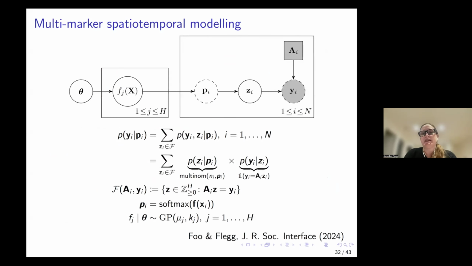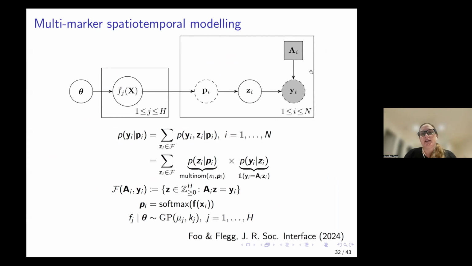And so now here's the conditional dependency graph, what this model looks like. It's similar to the one that I showed you before for the single marker, but there are just a few differences. So we still have n observations, so we still have a multiplication in our likelihood from i equals 1 to n. Now we have our partially observed data, which, given the configuration matrix, we can link to those latent variables, which is the number of each of the haplotypes that we don't observe.